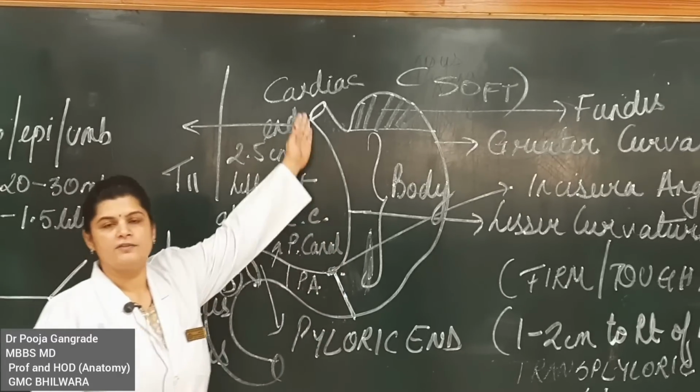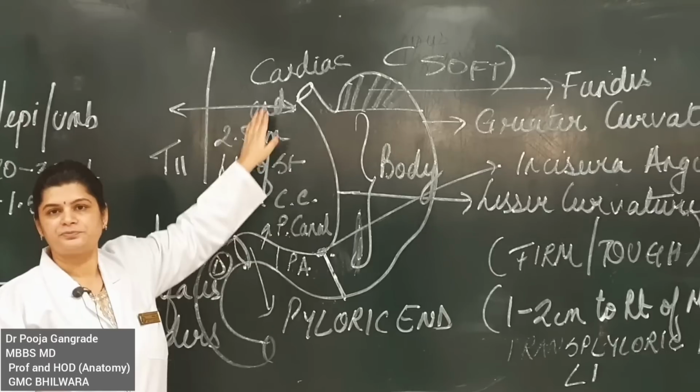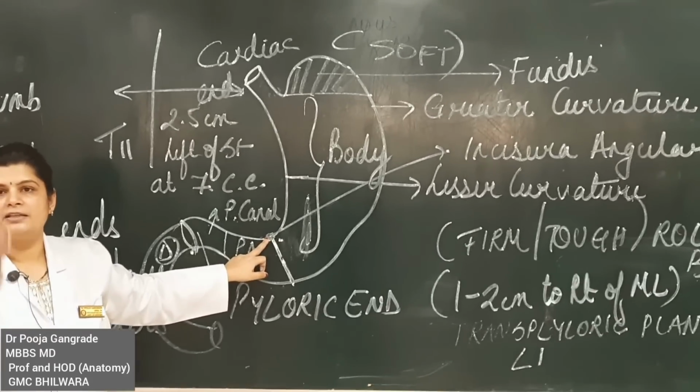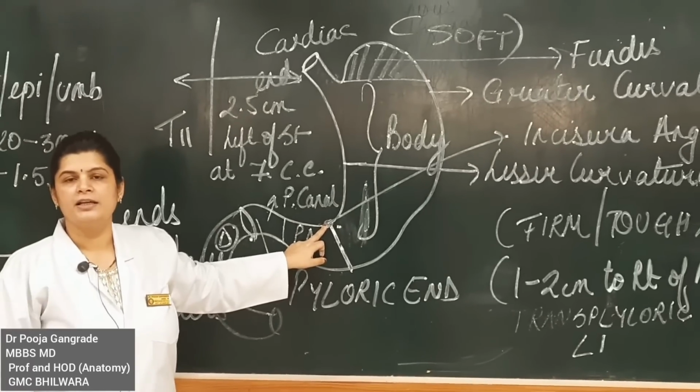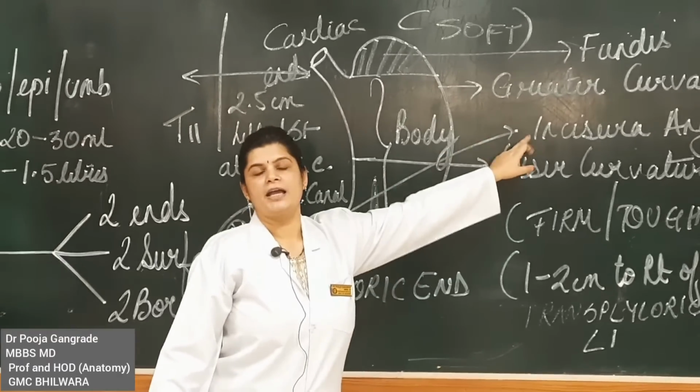The two borders of the stomach are the lesser curvature and the greater curvature. The lesser curvature will show a small indentation at the junction of the vertical and the horizontal part of the stomach, which is called the incisura angularis.